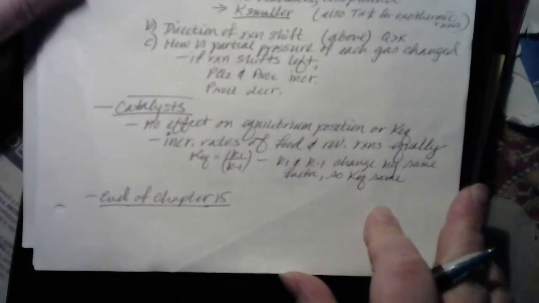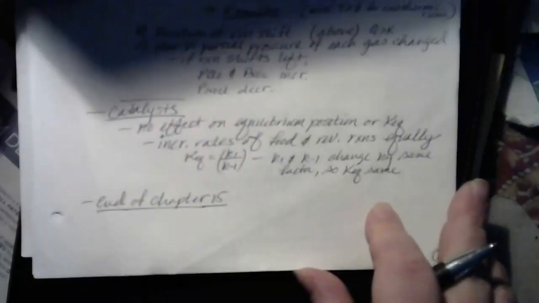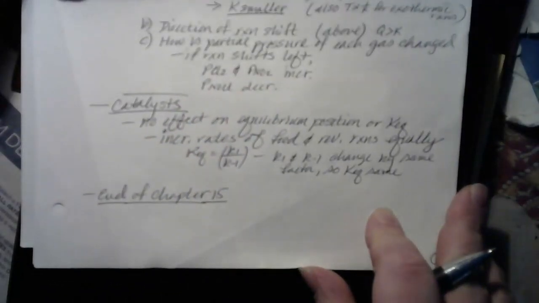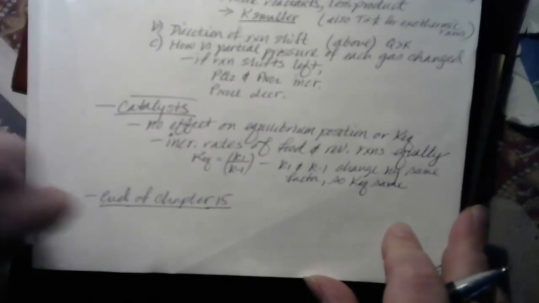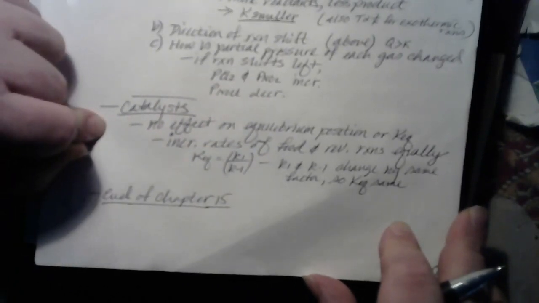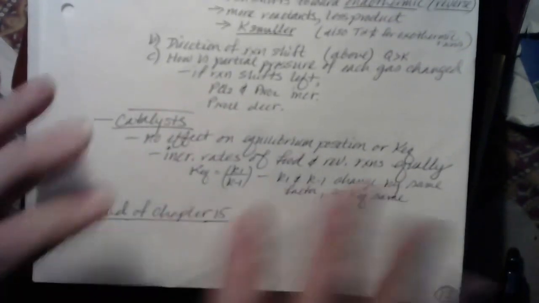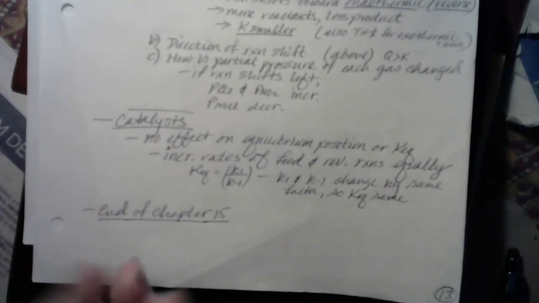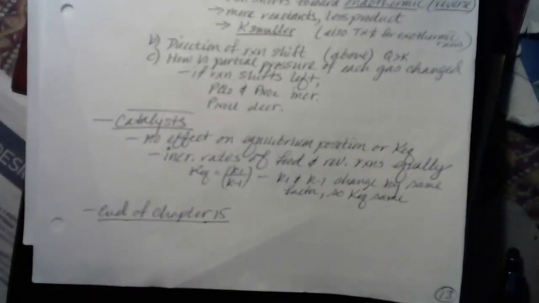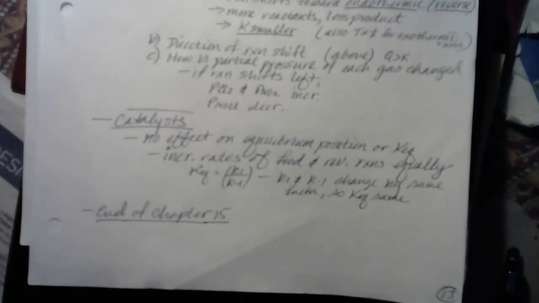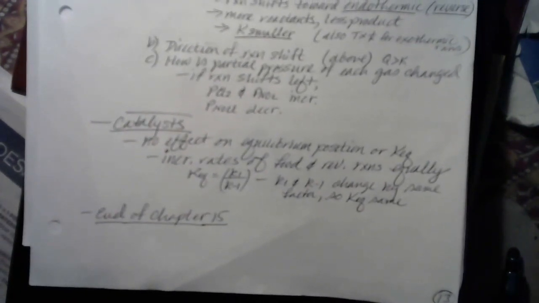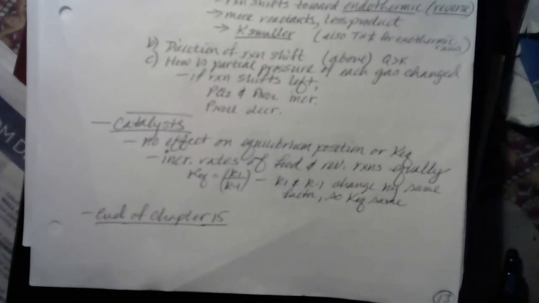And the last thing in the chapter to discuss here is the effect of catalysts on equilibrium. And this is the fun part, because it turns out catalysts have no effect on equilibrium. Remember, catalysts provide an alternative mechanism for the reaction to occur by, which requires less activation energy.